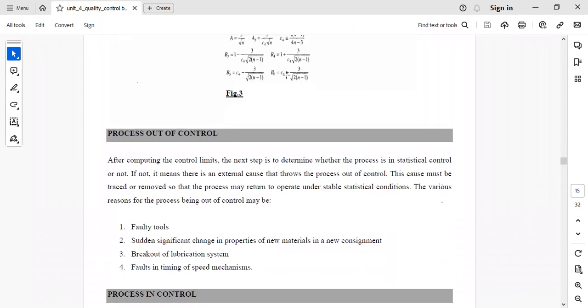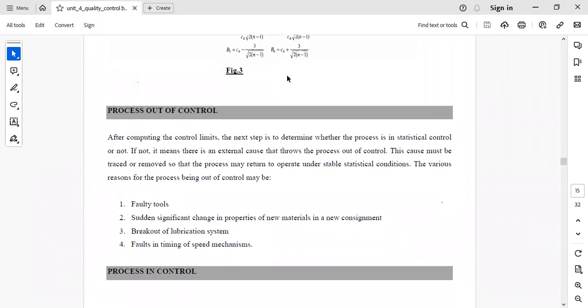Then we can talk about when the process is out of control. If you say that a process is out of control, it possibly has faulty tools. So the machines that you're using, the cutting machines, maybe they are faulty, and so you need to have them relooked at and make some adjustments or buy new ones and so forth.